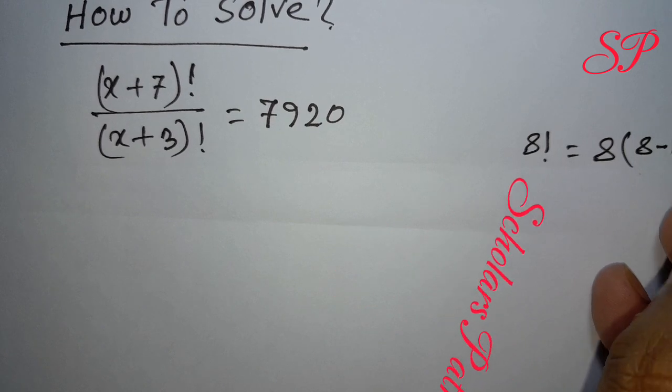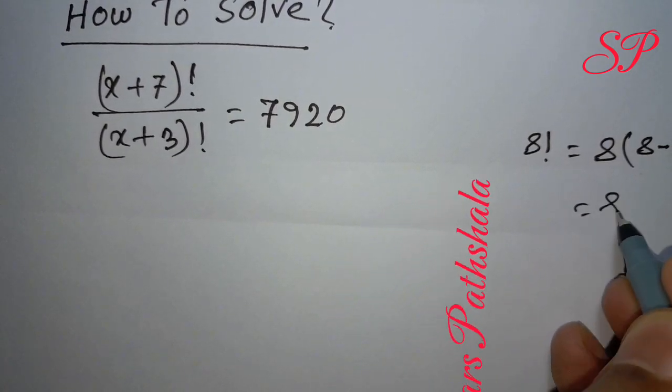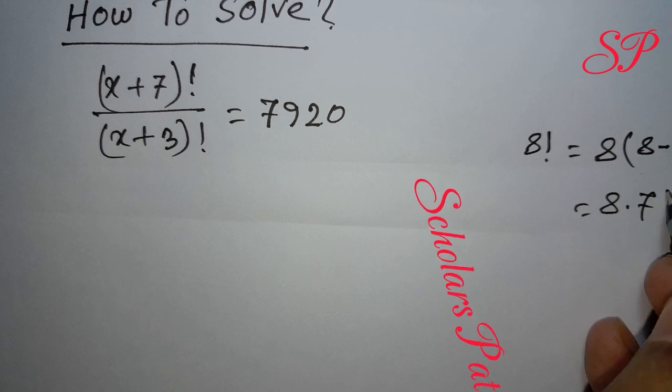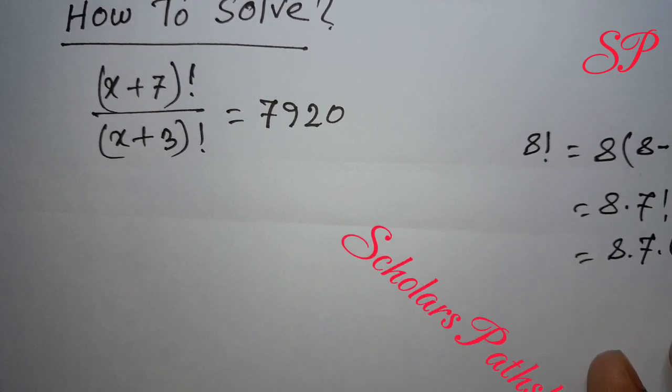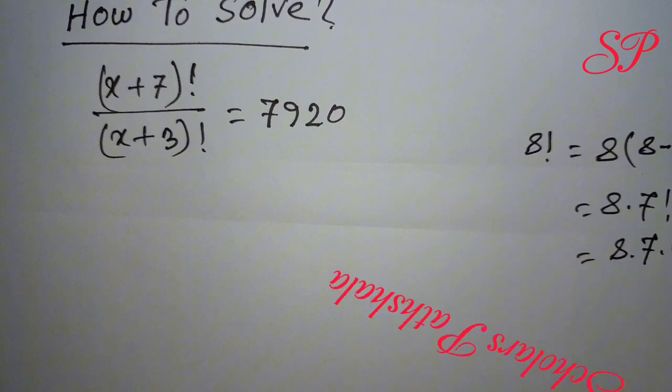Before, we know that factorial 8 is 8 into (8 minus 1) factorial, which is equal to 8 into factorial 7, and 7 into factorial 6, and so on.